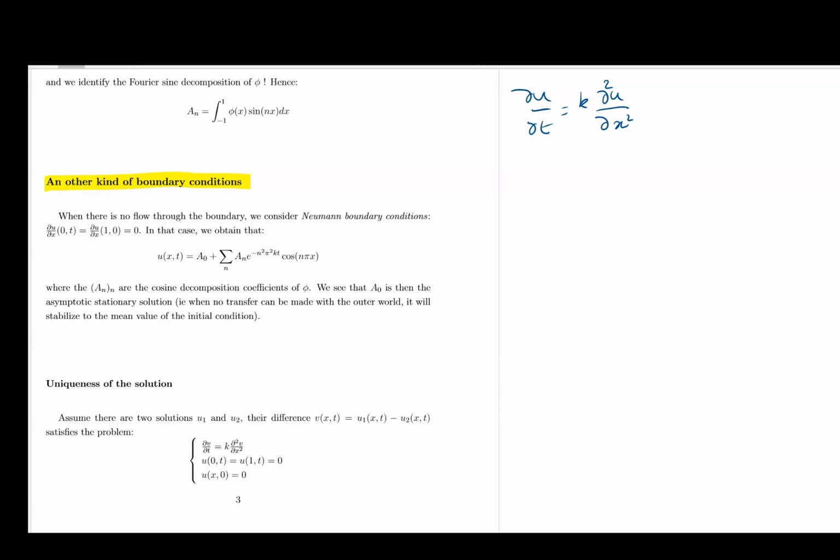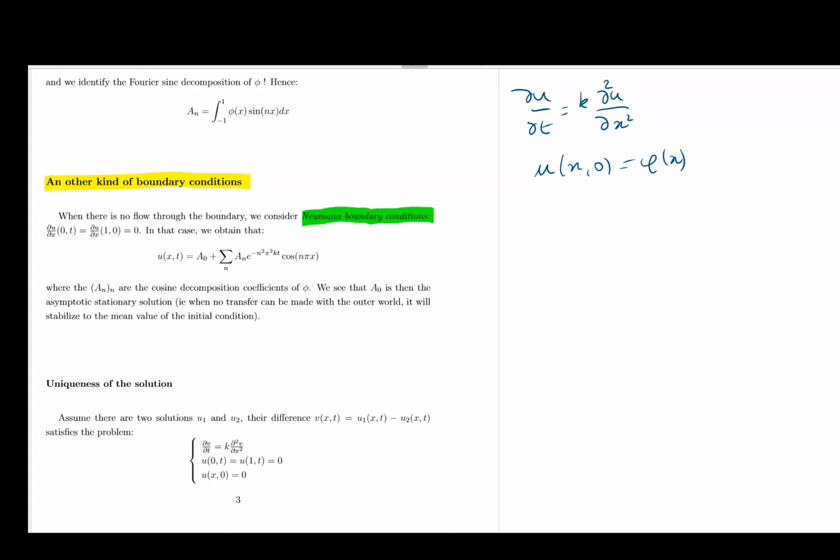One space variable, and we will still have the same kind of initial condition, u(x,0) equals some φ(x), but we're going to change our boundary conditions. Previous ones were called Dirichlet boundary conditions, and now they're called Neumann boundary conditions.